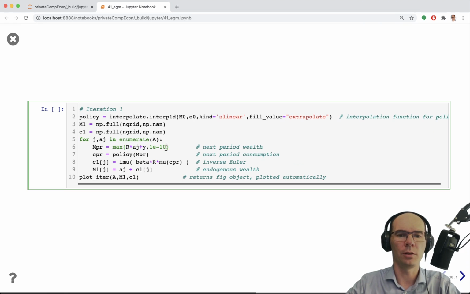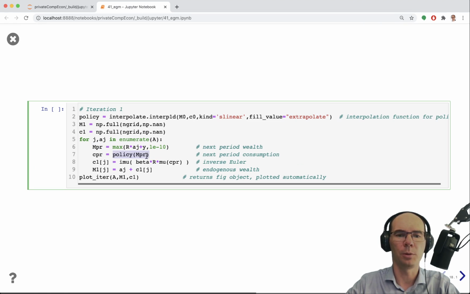I want it to be bounded away from 0, so that's why there is a max here, so that we avoid calculating the logs of 0. But really it is r times aj, which is the point from the grid, plus y. Then we will calculate the optimal consumption at this point. These are just scalars right now. We will vectorize it later on, when we work with the real model.